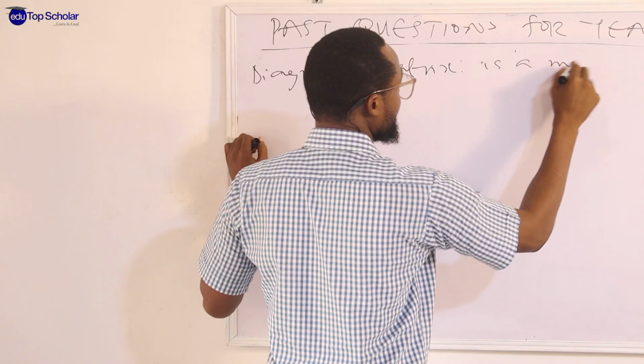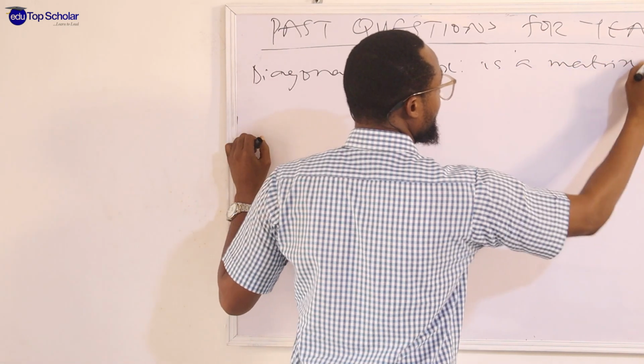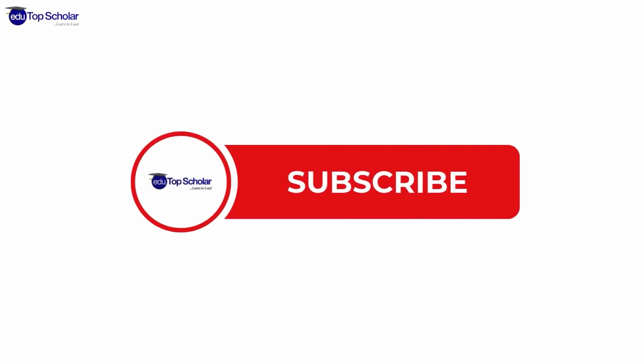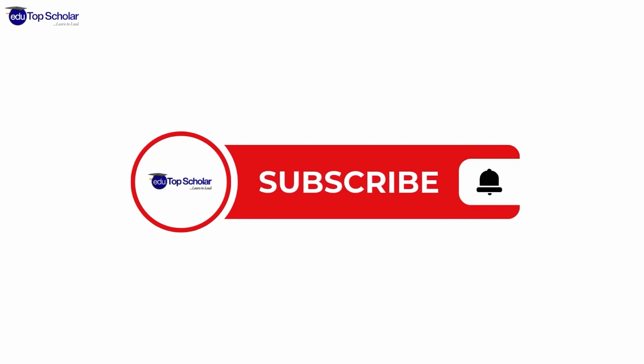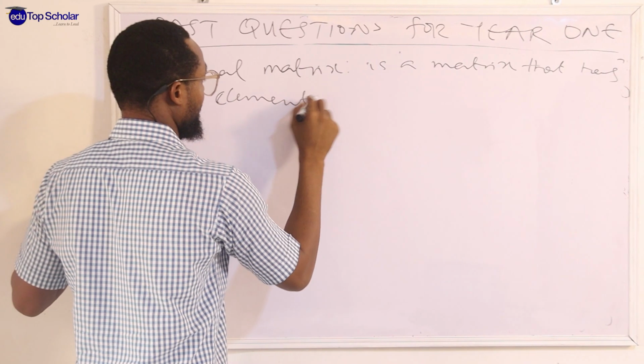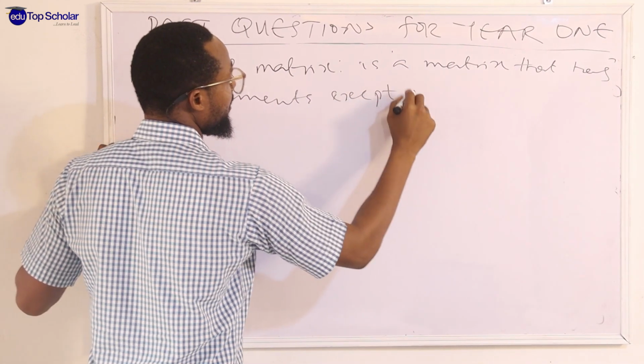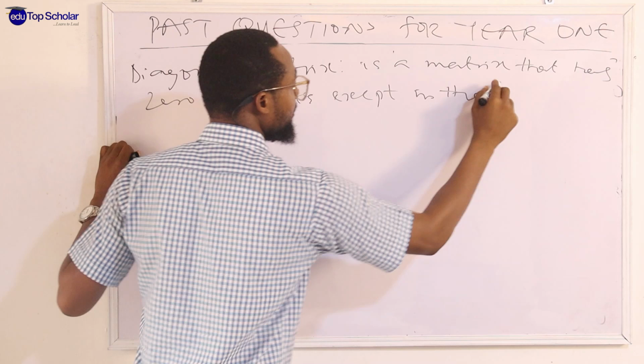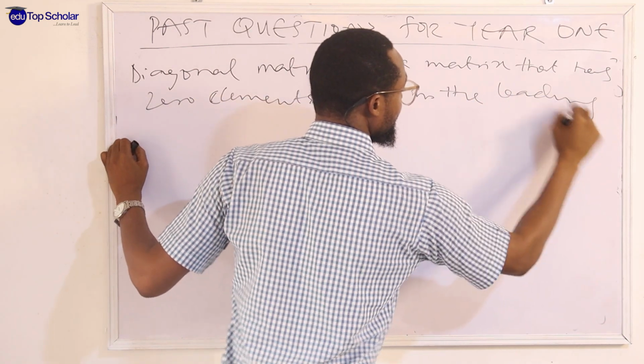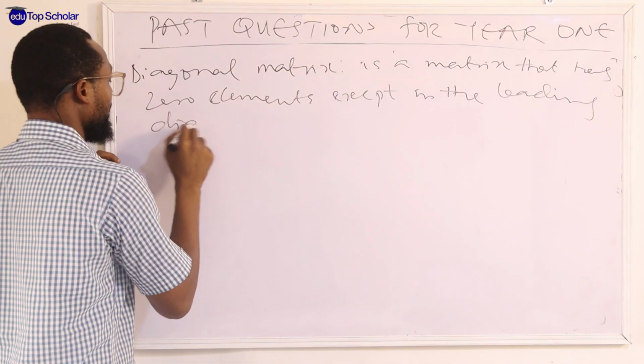It is a matrix that has 0 elements except in the leading diagonal.